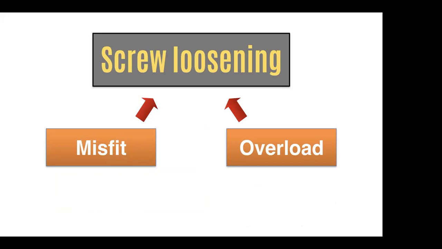Second thing to consider is the misfit. Misfit refers to the inaccuracies of prosthesis during fabrication, especially any gap at the interface between the implant and the prosthesis. We usually get these misfits during the fabrication process.